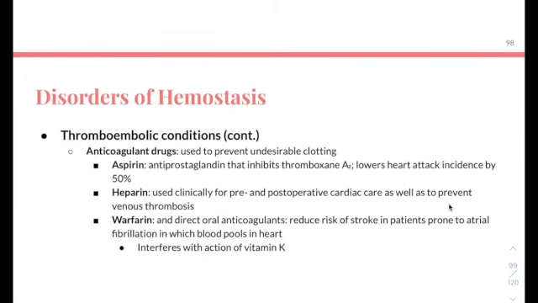Then there are anticoagulant drugs. These are used for preventing clots. Aspirin, like low dose aspirin, is used a lot, but it's not something you should take without it being prescribed by your physician.